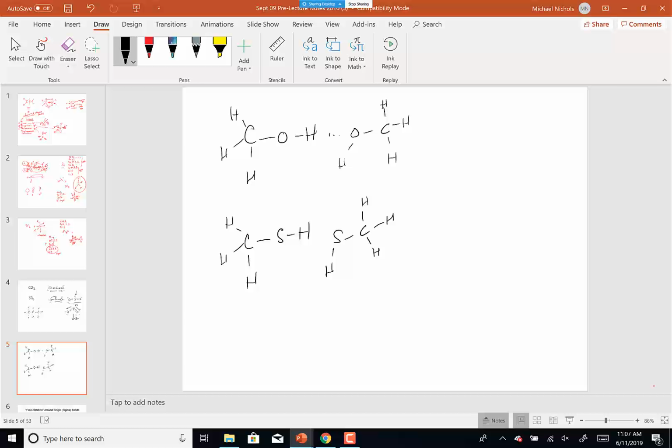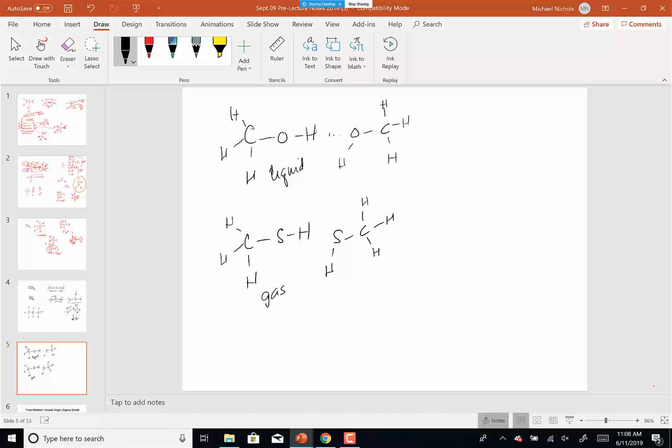Because the skunk is locked and loaded with what's called methane thiol. Once it sprays its methane thiol, that does not have a hydrogen bond because sulfur is not one of those three atoms. And so that SH is just going to be a dipole-dipole force, not hydrogen bonding. So methane thiol is a gas. Methanol is a liquid at room temperature.